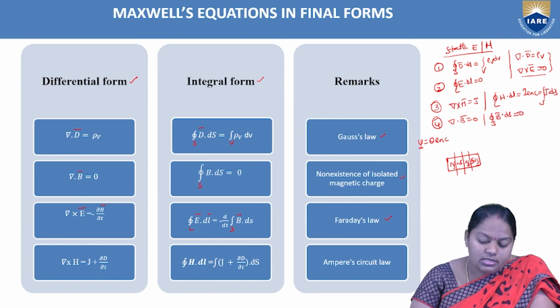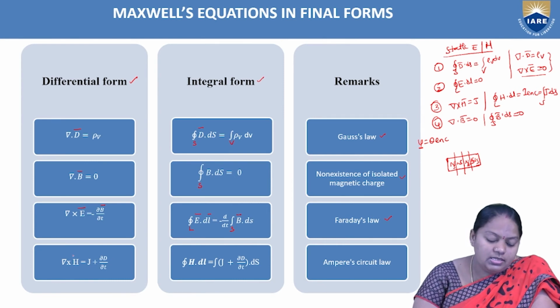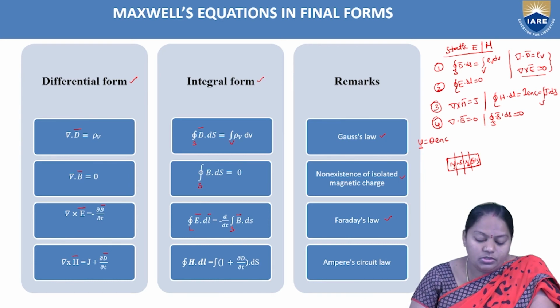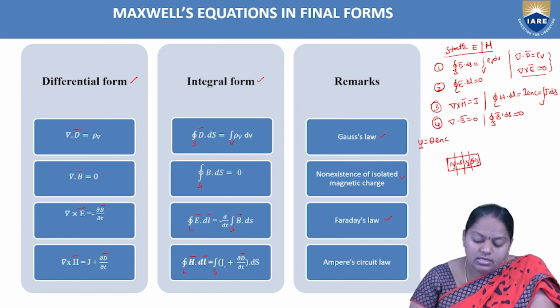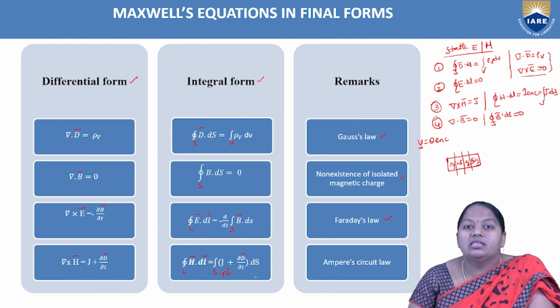And the fourth law is Ampere's Circuit Law, which is written in differential form as del cross H bar is equal to J plus dou D bar by dou t, and in integral form, closed line integral L H dot dl is equal to integral S of J plus dou D bar by dou t into dS, where J is the conduction current density given by sigma into E bar, and dou D bar by dou t is the displacement current density.